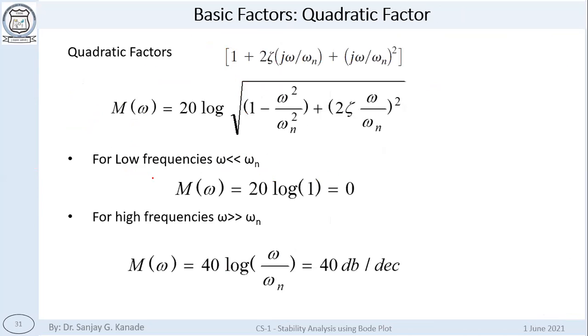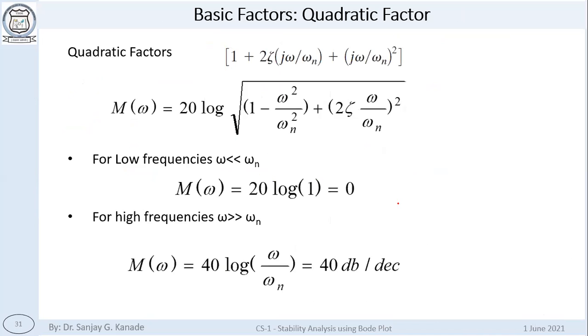Okay, so this is the third type of factor, the quadratic factor. Actually, this is not really necessary for you to see also. Sometimes you may require it, or sometimes you can simply factor it into simple factors, so that is also okay.